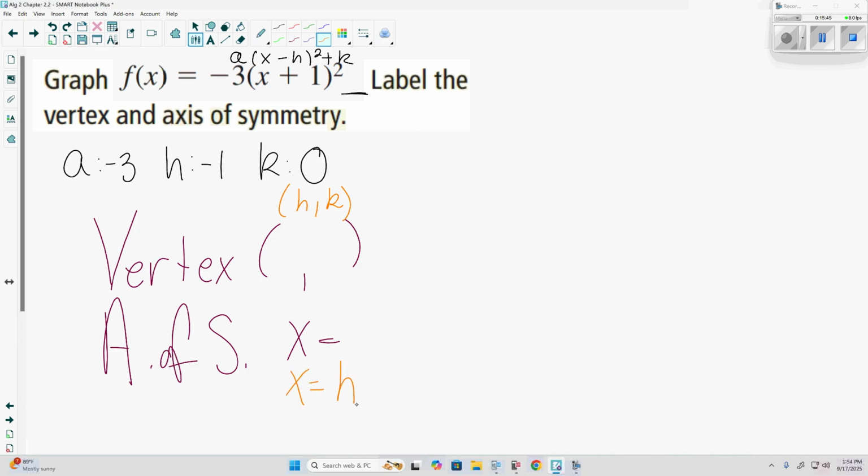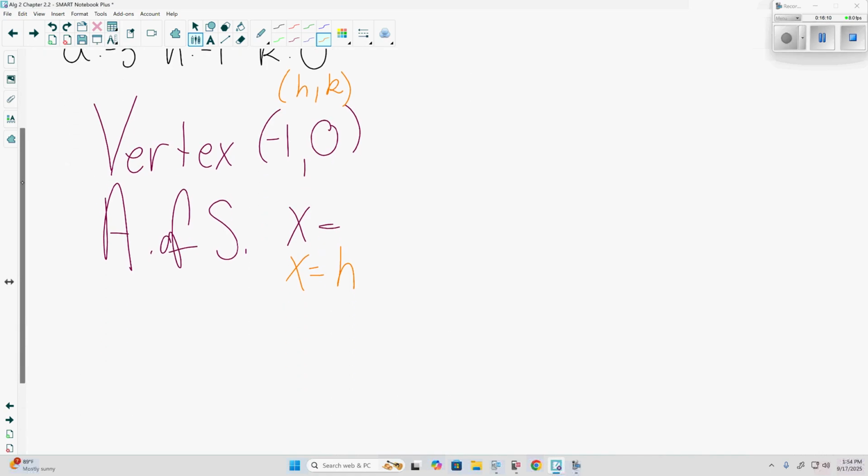And with these here, and especially when we start looking at 2, 3, we need to be paying attention to how these match up to our general form. Vertex is always going to be (h, k). Our h value in this here is -1. The k value is 0. Axis of symmetry, x equals -1.